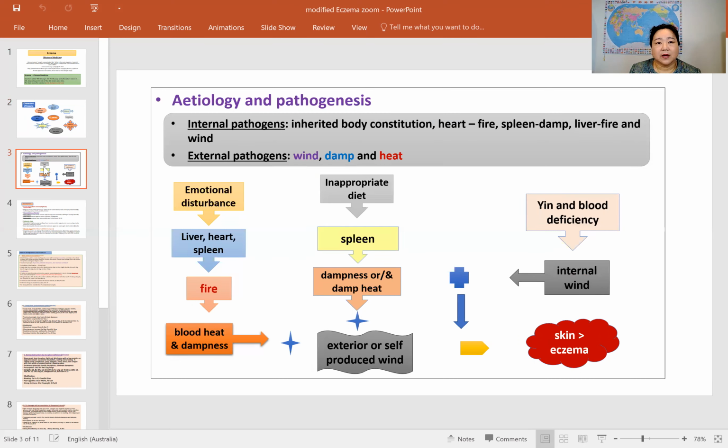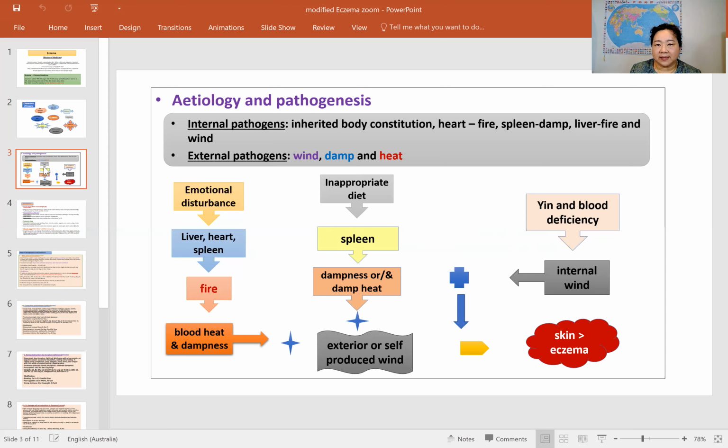As with most of our other Chinese medicine diseases, we consider internal pathogens and external pathogens. Wind damp heat is the main cause of eczema, but there are internal wind damp heat and external wind damp heat.